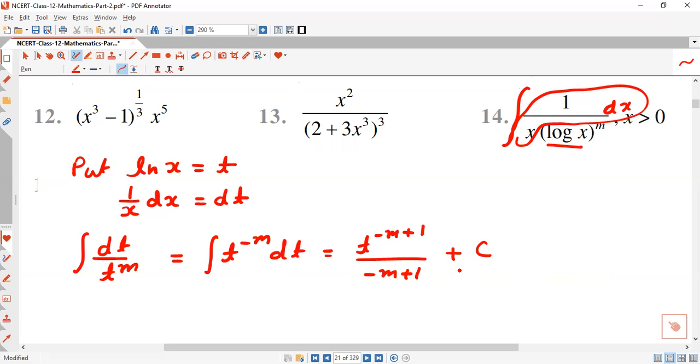So this is the answer. Now we put the value of t equal to log x, and you get the answer: log x raised to minus m plus 1 divided by minus m plus 1, plus some constant c.